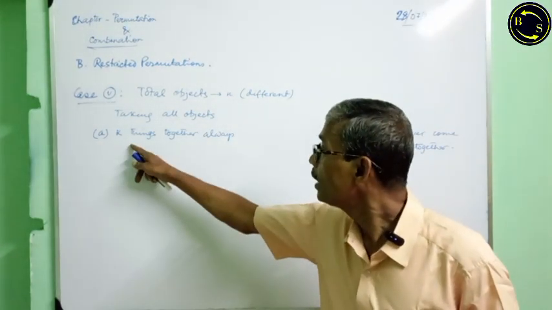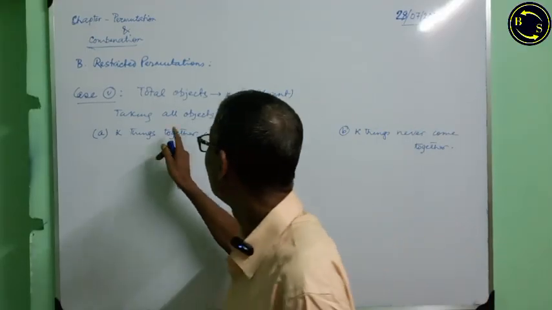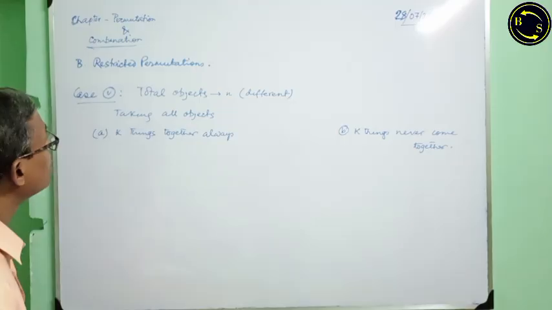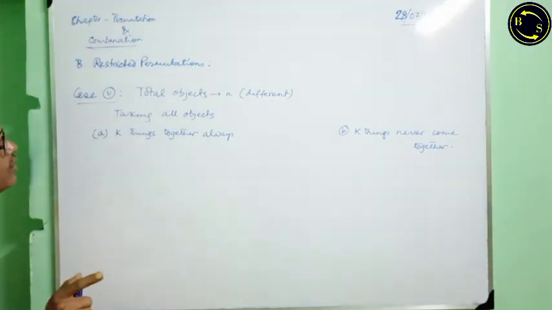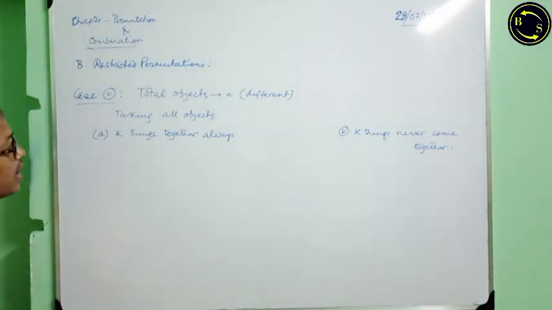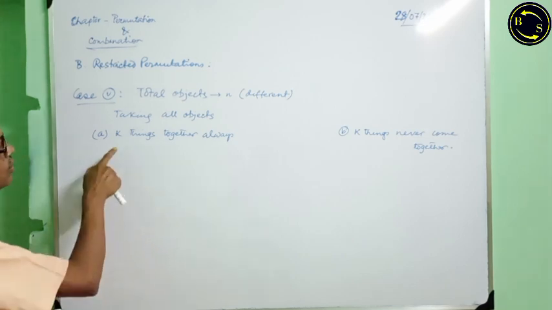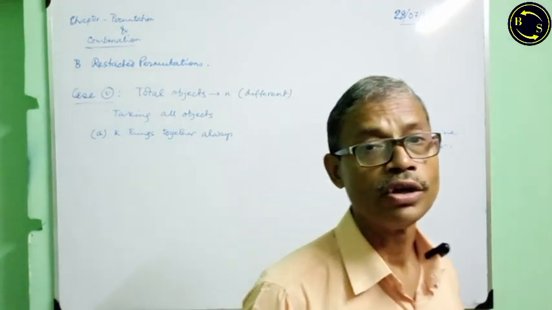Now, if k things are together, all of n things are to be taken together to permute, of which k things will always be together.